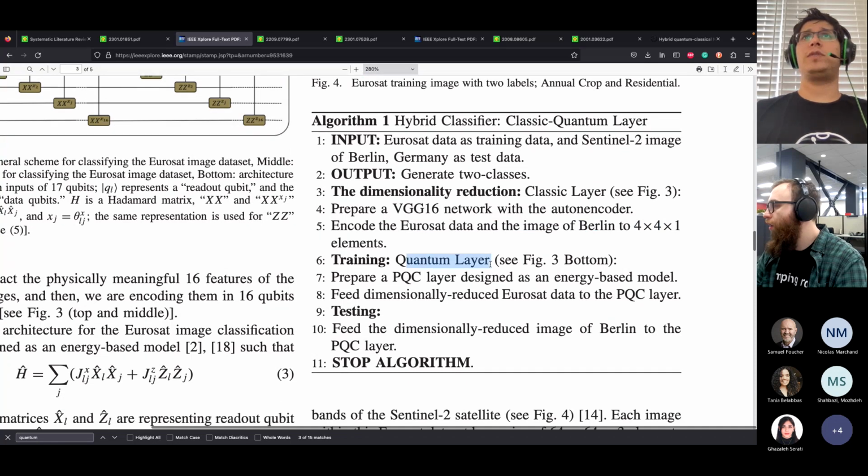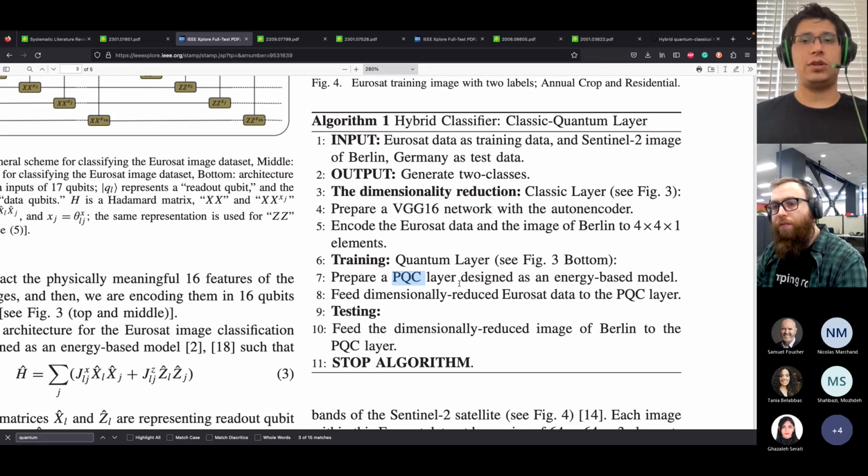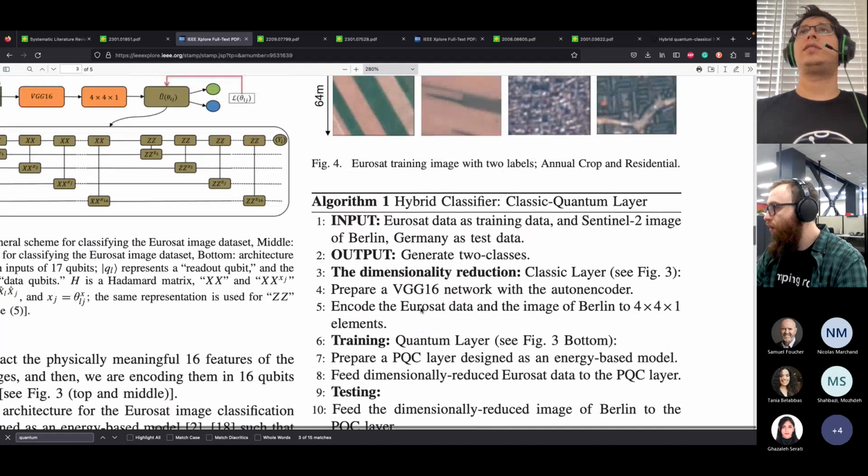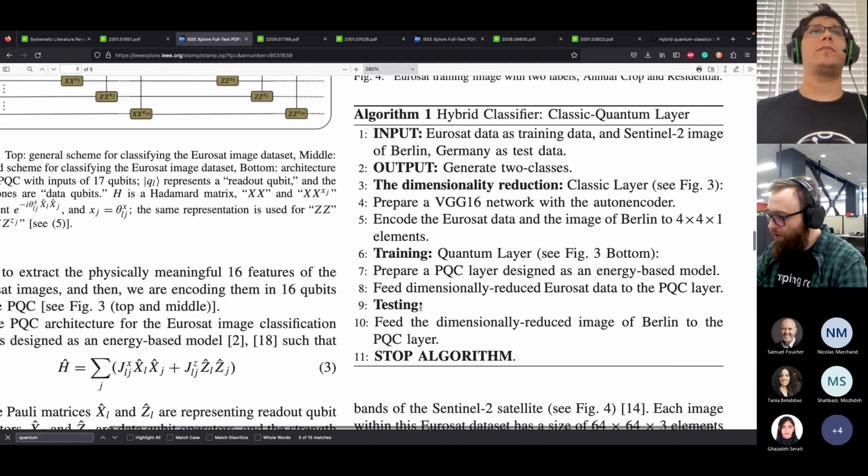Then you have this quantum layer. This PQC probably means parameterized quantum circuit, which is the same thing as a variational quantum circuit. These are synonymous. Then you put the reduced image into the parameterized quantum circuit, and then you train. So you put this into a training loop. And then you test the algorithm on the testing images. So that's basically it.